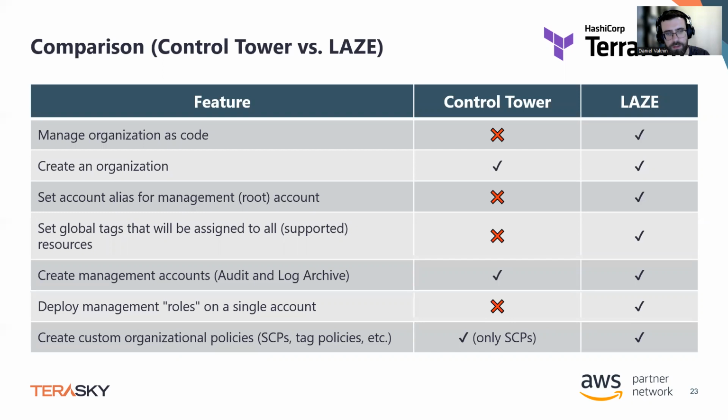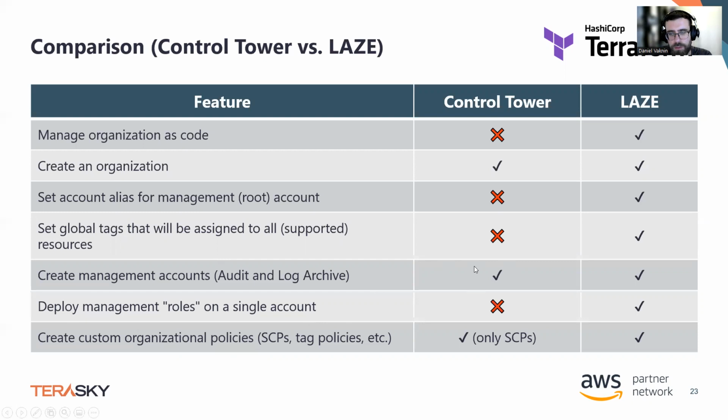So we use this concept to deploy all resources: accounts, organizational units, policies, and all resources inside the accounts. If you want to have a tag like Terraform true, for example, you can assign it once in the YAML file, and it will be assigned to all the resources inside the organization. So this is very cool.